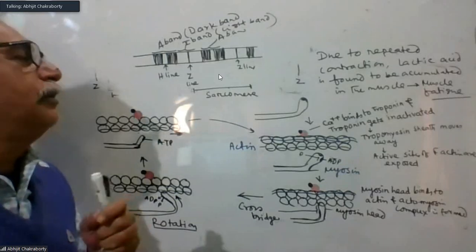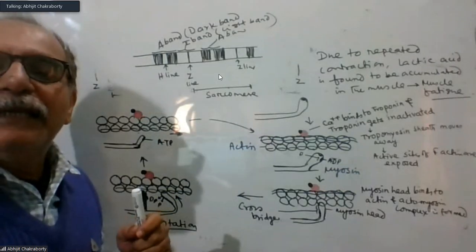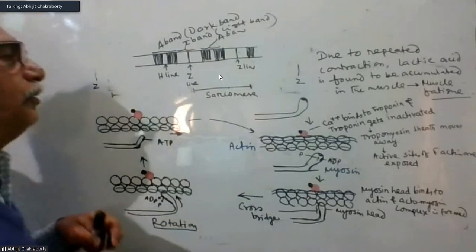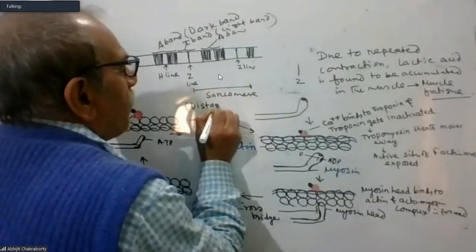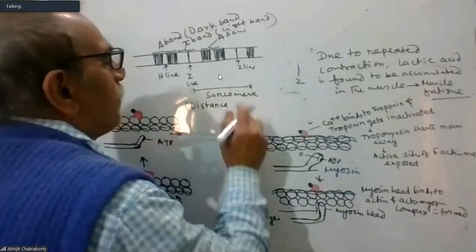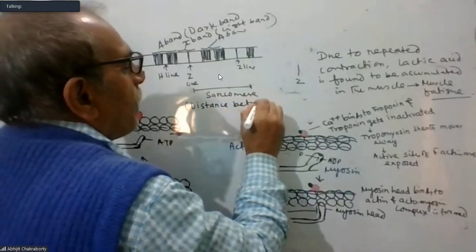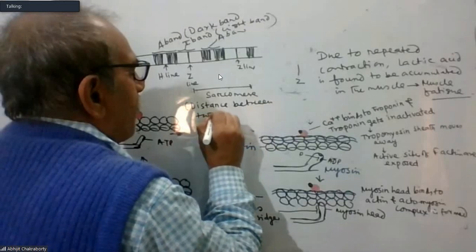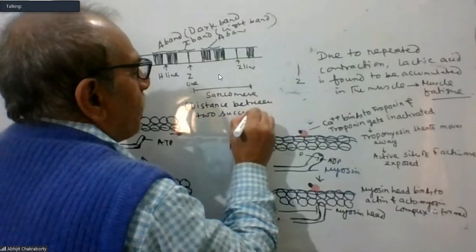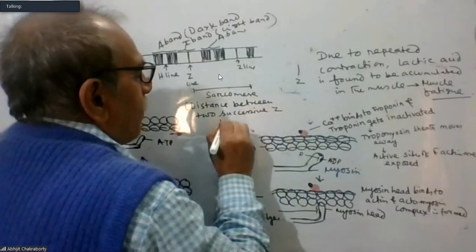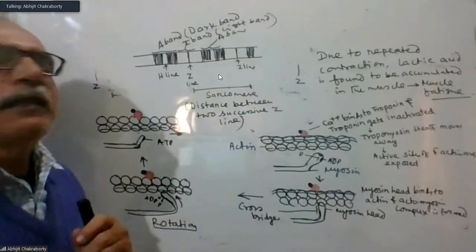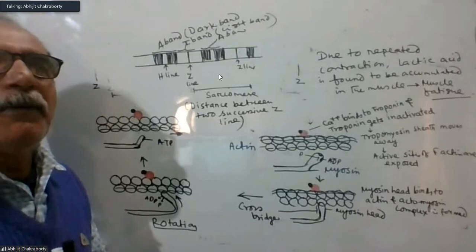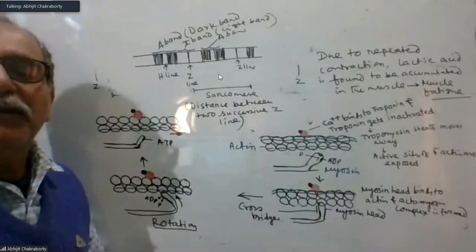The distance between two successive Z lines is the sarcomere, which is called the unit of myofibril, or sometimes the unit of muscular contraction.